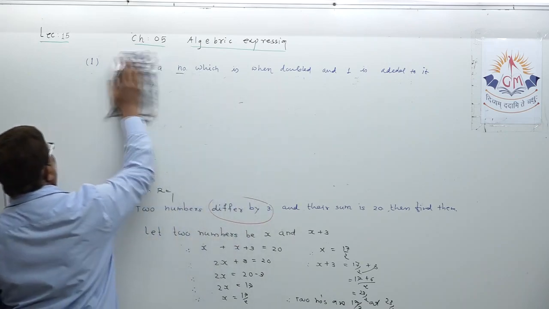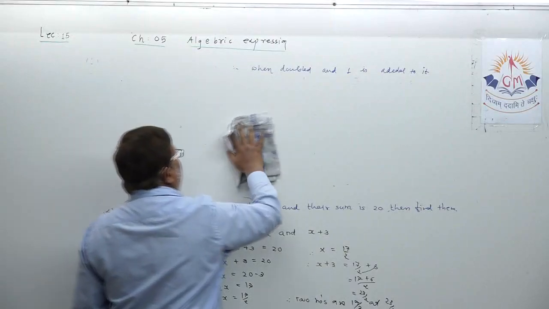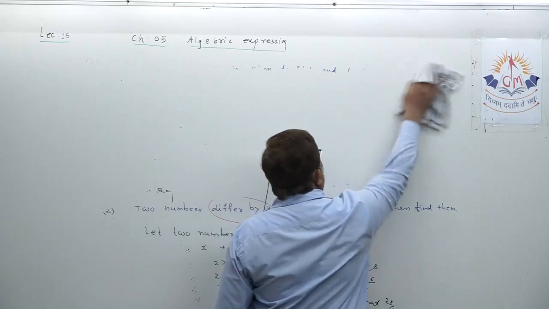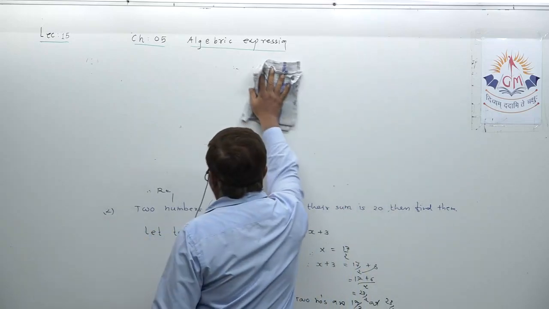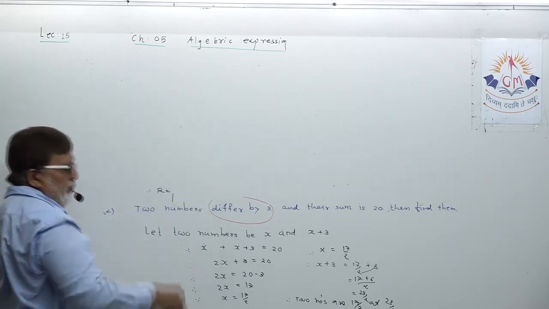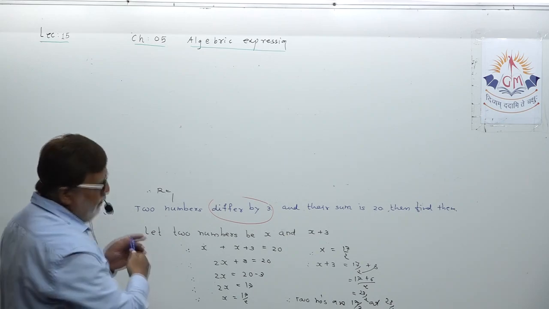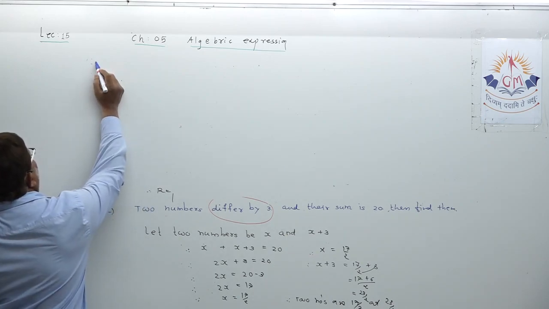Example number 3. I am going to take some variety of examples to generate the skill to solve word problems in your mind, okay? Suppose the question is like this. Please note down with me.